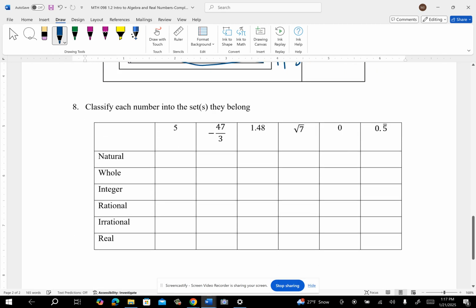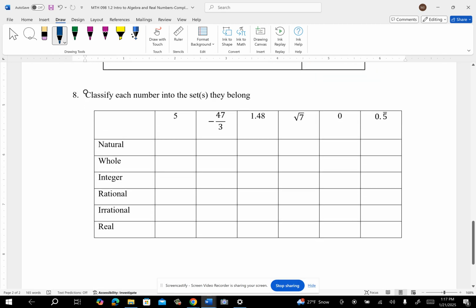All right, so there are some problems that ask you to indicate what set a number belongs in, or to identify the natural numbers or the integers. So I want to think about this a little bit. So 5 is a counting number, so it is natural.